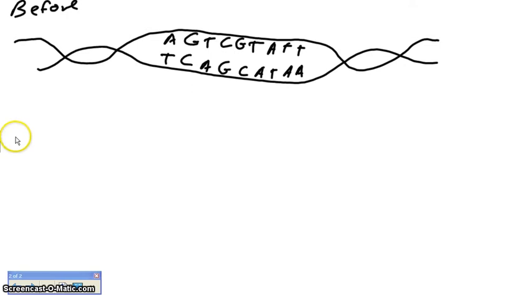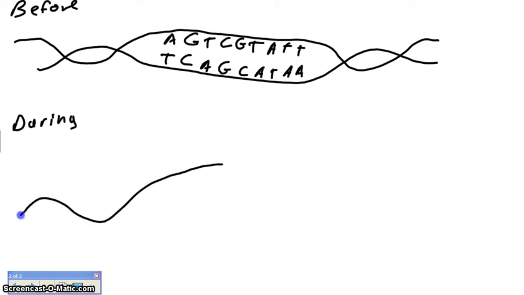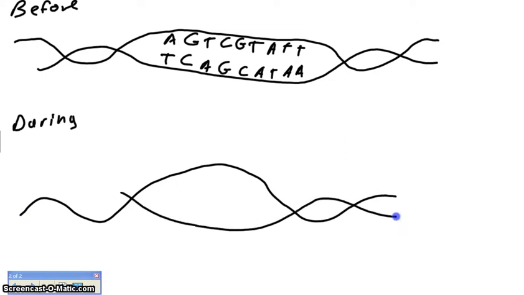Now during transcription, again, we're going to have a little fork or a little bubble. So we're going to make this a little bit bigger like that. Now, there's only one enzyme that's involved in transcription, and that is RNA polymerase. So RNA polymerase does it all.